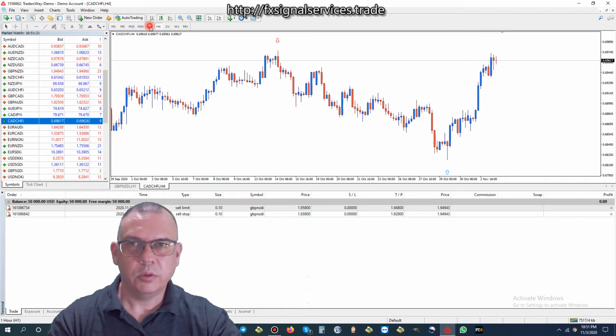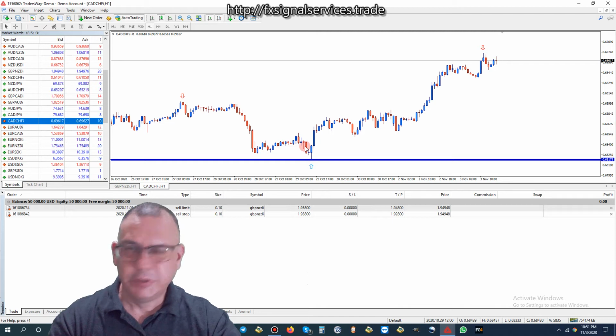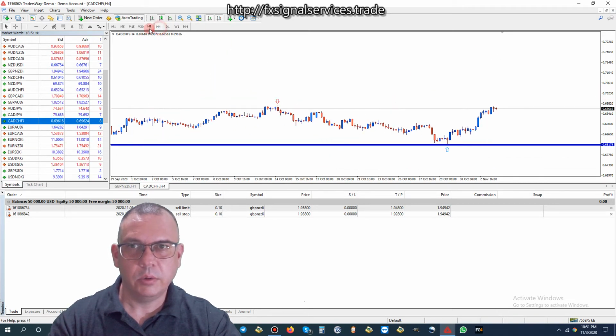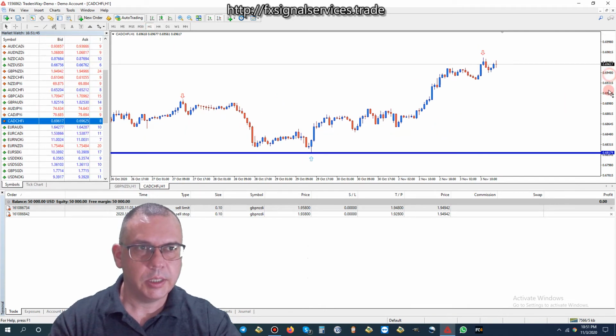So now we're here on the 1 hour chart. Let's go back to the 1 hour chart. We see we have a strong resistance here, strong support there. So I'm going to mark this support. I do not think the price is going to drop all the way down to here. It could, but I know we want to buy, so we want to put a buy limit.